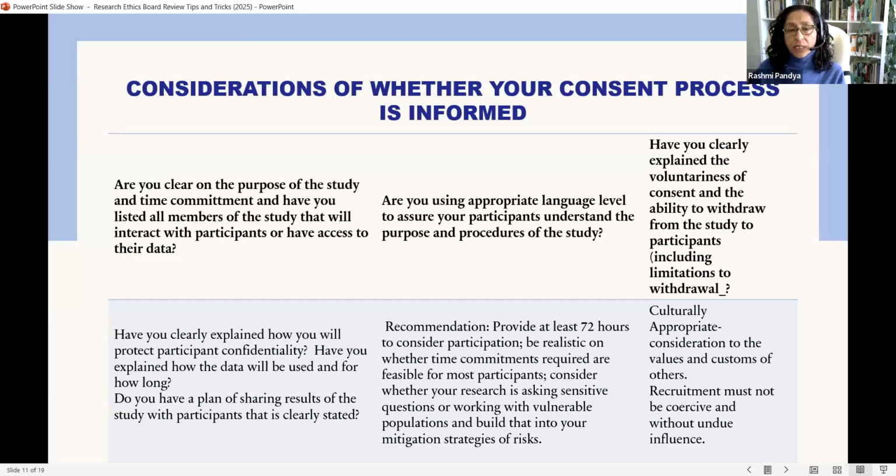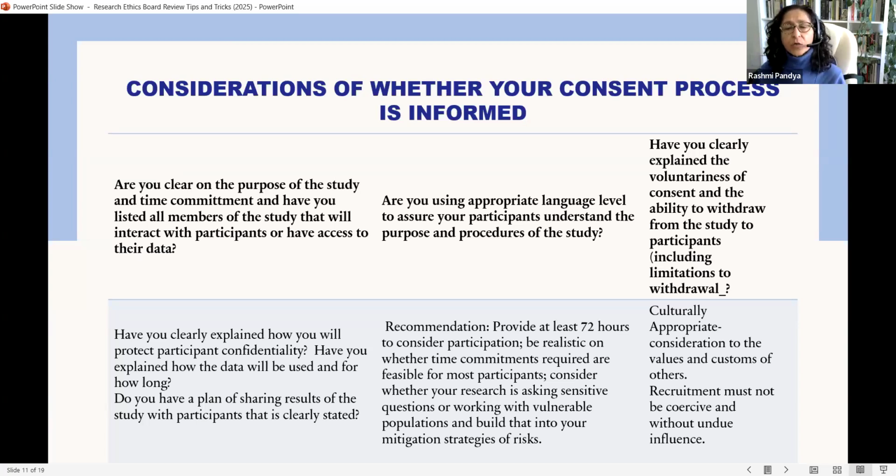Be realistic on whether time commitments that are required for a study are feasible for most participants. We've had a lot lately coming in, particularly with student projects, where the time commitment is really extensive. Well, that's not a purely ethical concern.